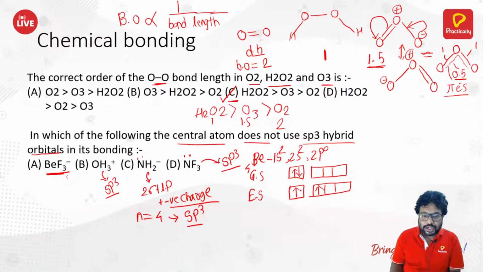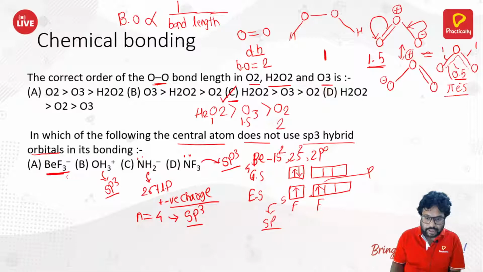Now these 2 electrons would overlap with the fluorines, one fluorine and another fluorine, one with s and another with p. So that will give us sp hybridization. Now the fluorines will come and overlap, so that is how you get BeF2 with sp hybridization.